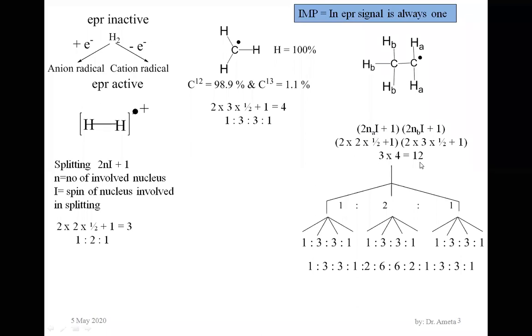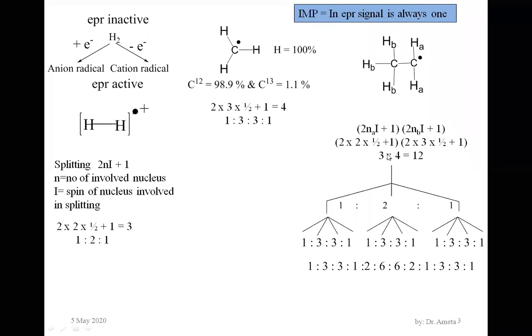If we want to represent them, we can represent their intensity like this. First, these are the 3 lines for nA, because this carbon is acting as the radical. That's why we will consider these two hydrogens first.